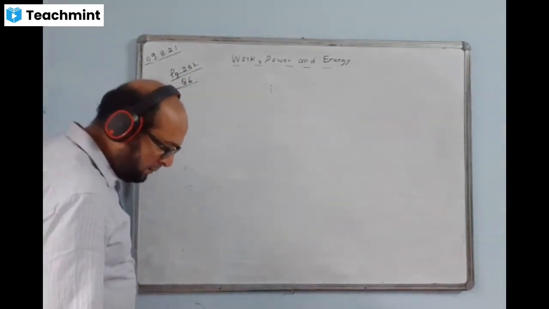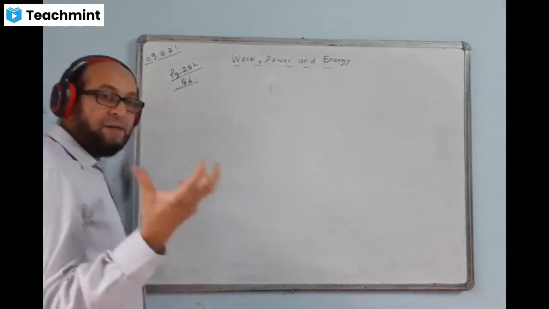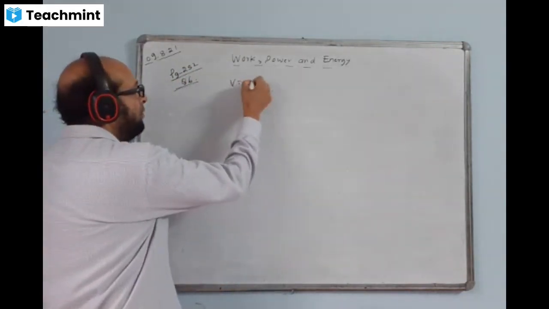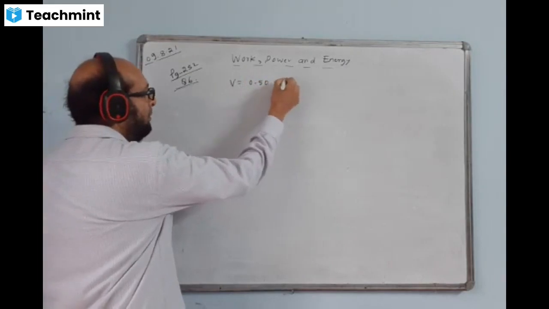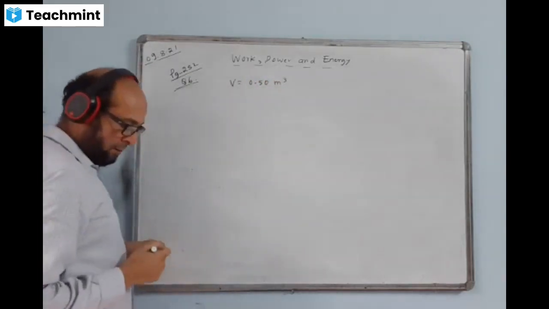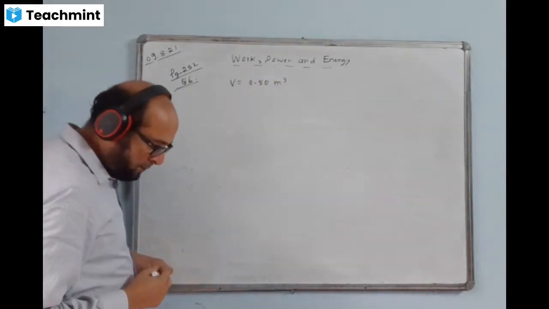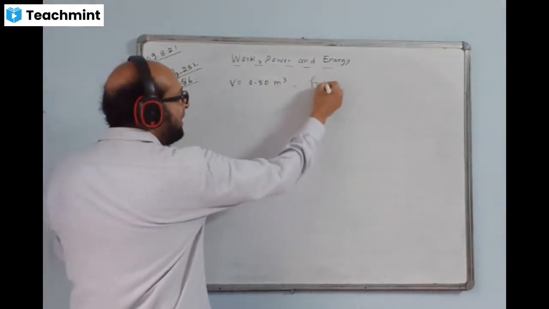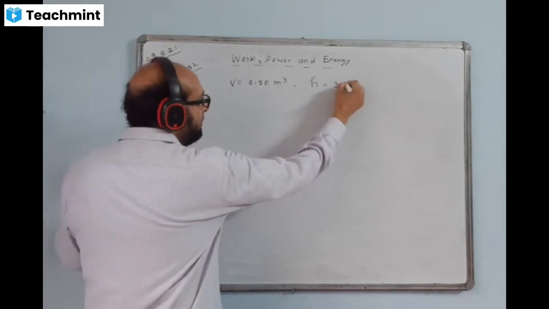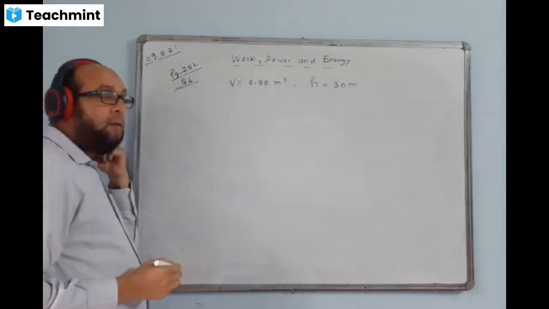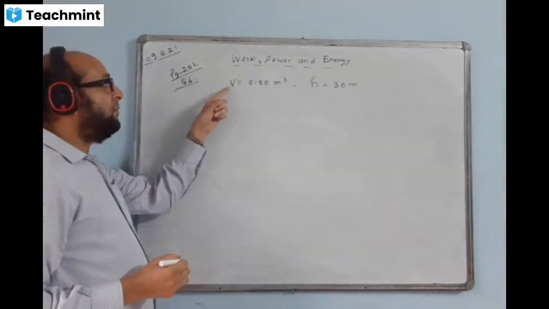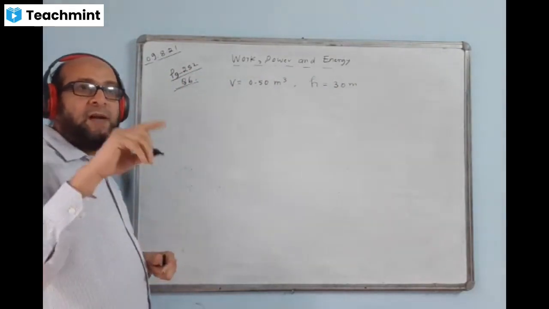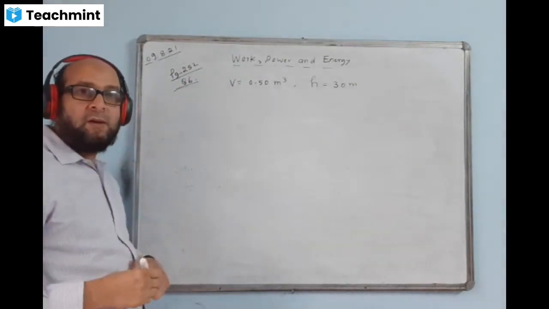Question says, volume of water given is 0.50 meter cube. And the depth is given, depth means you can take it as a height from the lower surface, 30 meters. We need to find mass because first we'll find work done.